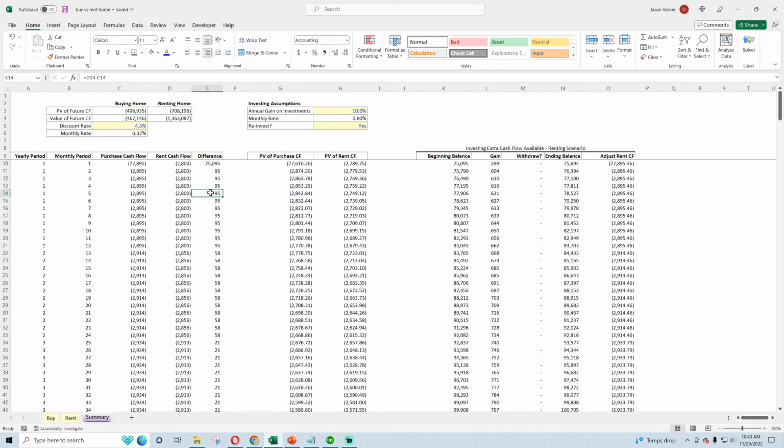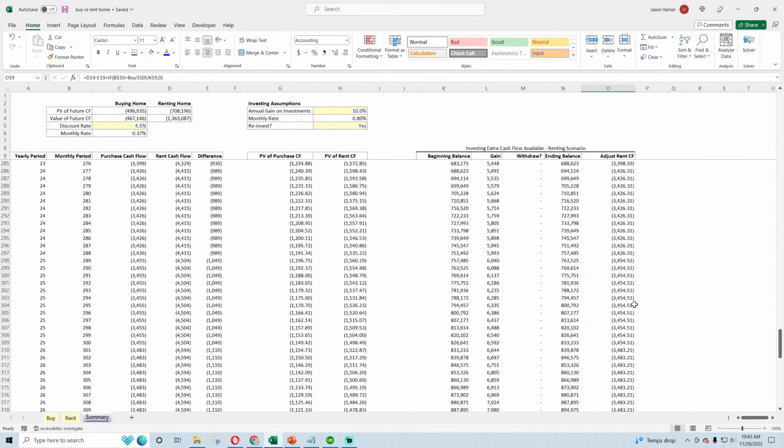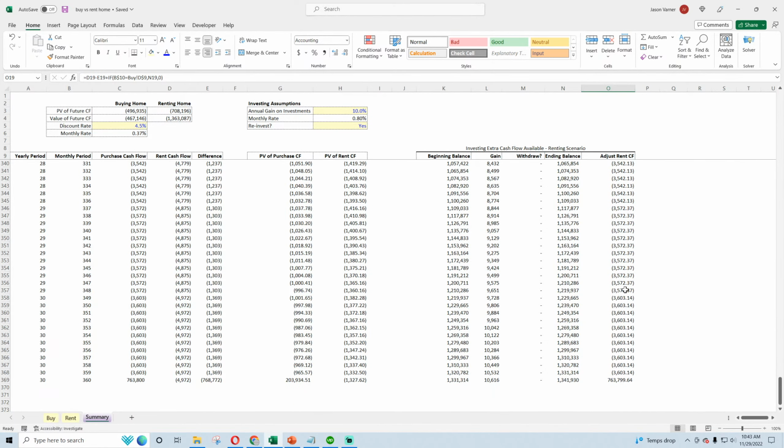But anyway, the point is here we're creating a surplus. This is investable. We are investing it and then getting it back. So the question is, what cash flow is at the very last period? In this very last period, we get 1.3 million back out of the investment we've been investing in.